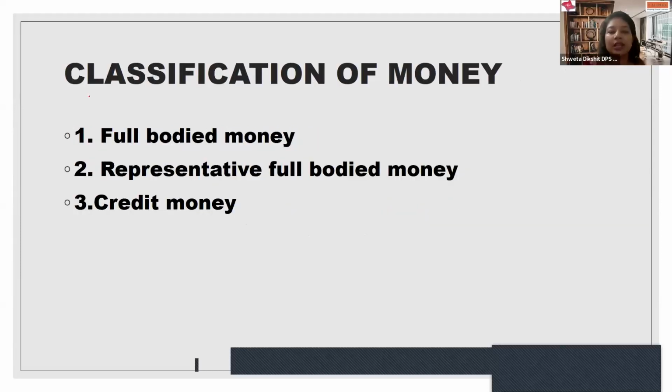Now comes the classification of money. See, this is again very important, especially from the point of view of one markers. The first is full-bodied money. What is full-bodied money? Full-bodied money is something where the currency's intrinsic value and the face value are the same. Now you must be wondering what is face value and what is intrinsic value. Face value is the imprinted amount which is written on the money or currency.